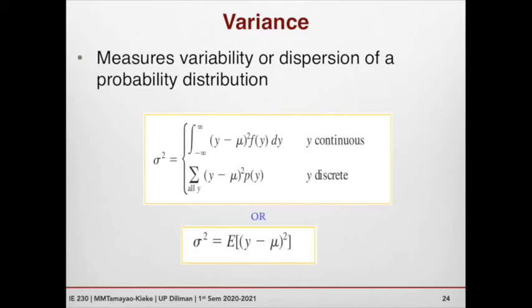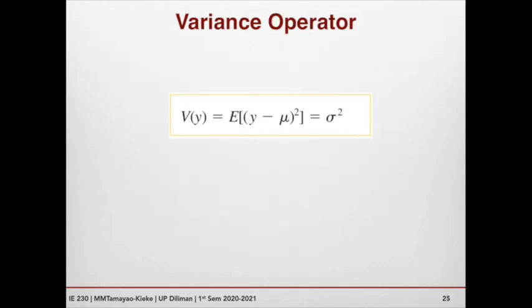So, we can also represent sigma squared as the expectation of the square of y minus mu. When we see V of y, or the variance operator, this means that we are looking for the expectation of the square of y minus mu, which is equivalent to sigma squared.